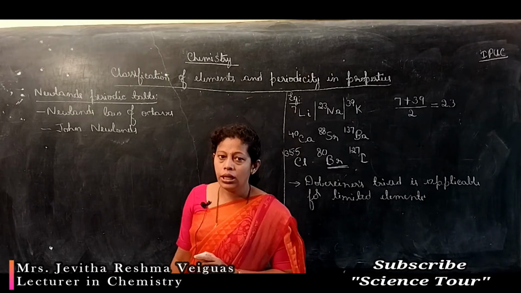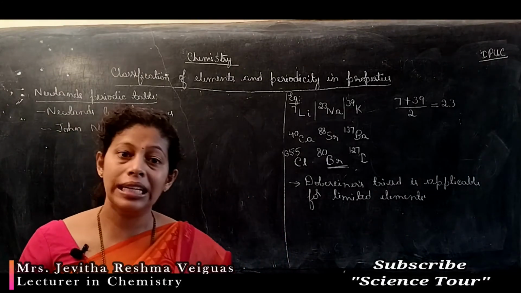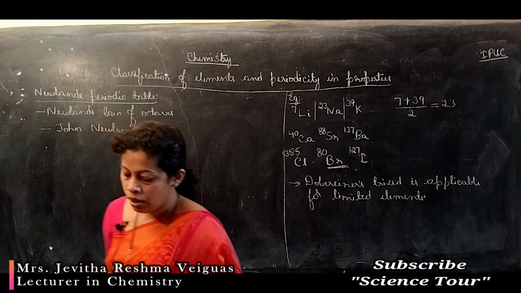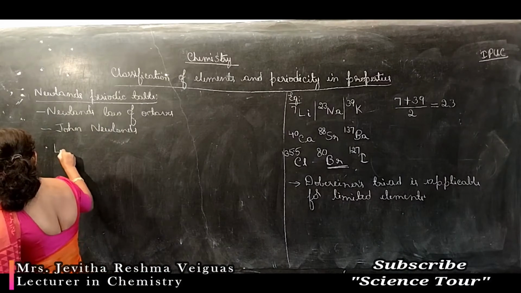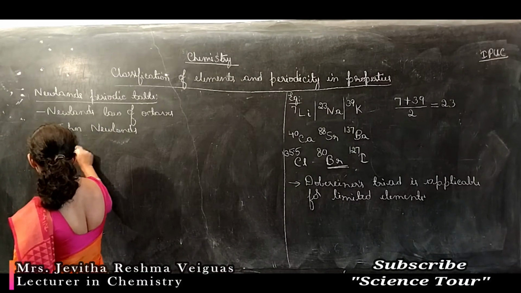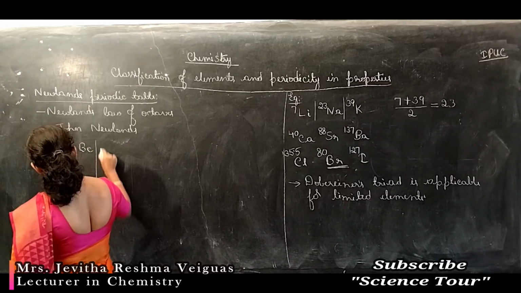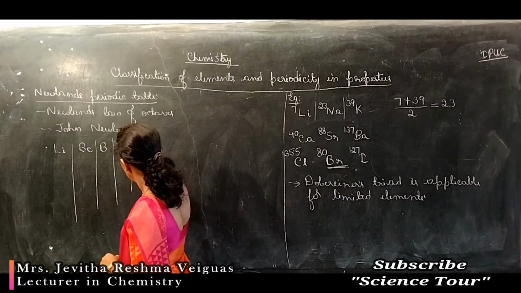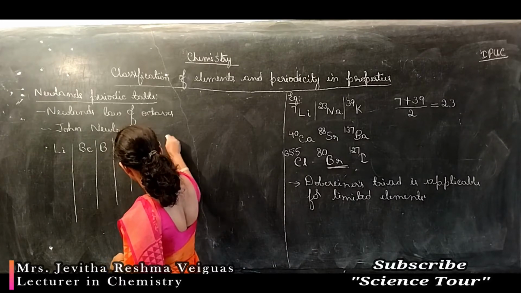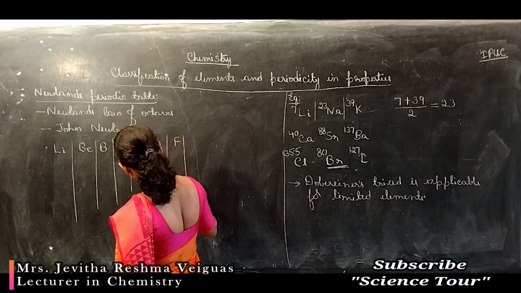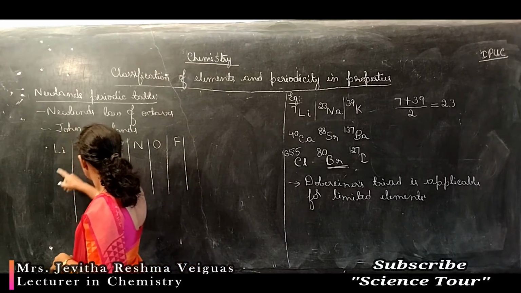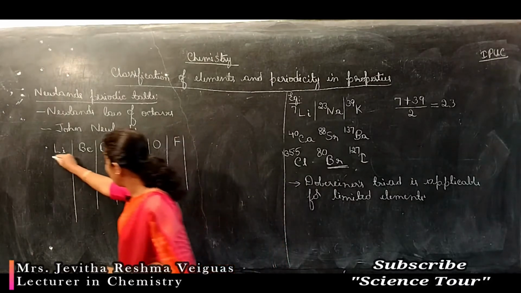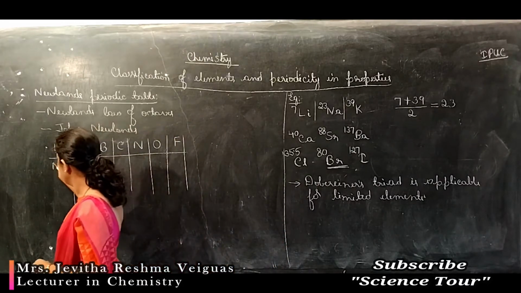The elements he arranged start from lithium. Let me consider lithium. After lithium, beryllium comes, then boron, then carbon, then nitrogen, oxygen, then fluorine. Here: first element, second, third, fourth, fifth, sixth, seventh. Then the 8th element is sodium.